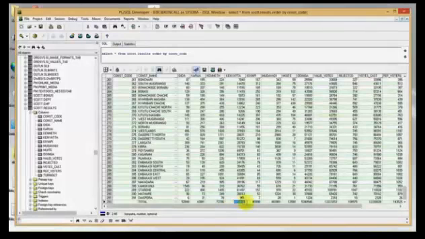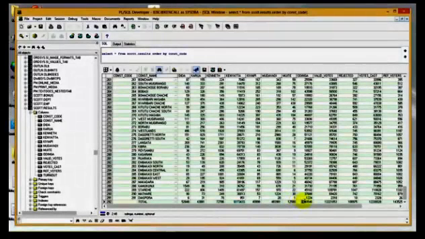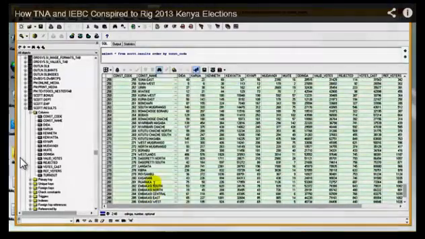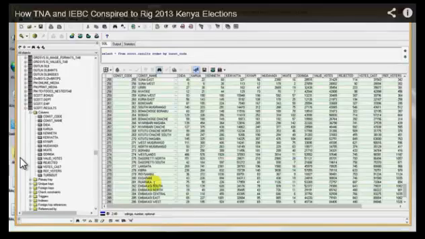For Kenyatta is 6,173,433, as was announced. There for Odinga, 5,340,546, as was announced. So we are on the real database.